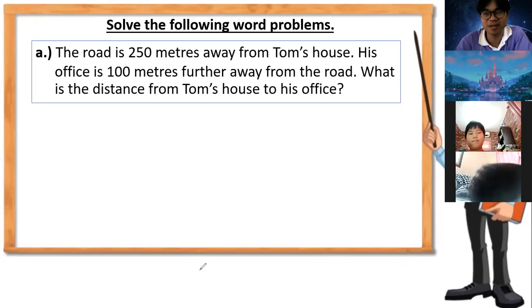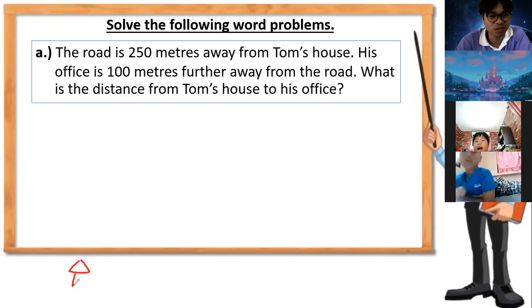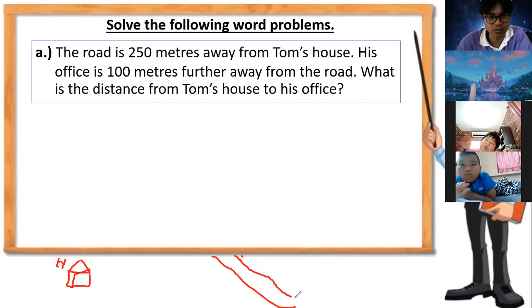Now, let me show you Tom's house here. Tom's house, it's like a mushroom. This is Tom's house. This is the house, okay? And then, shall we say, this is the road. The road is not straight.